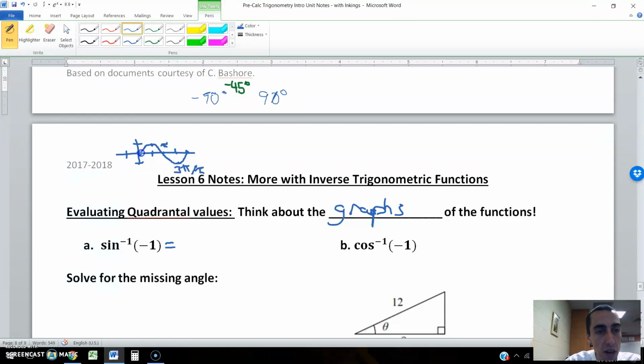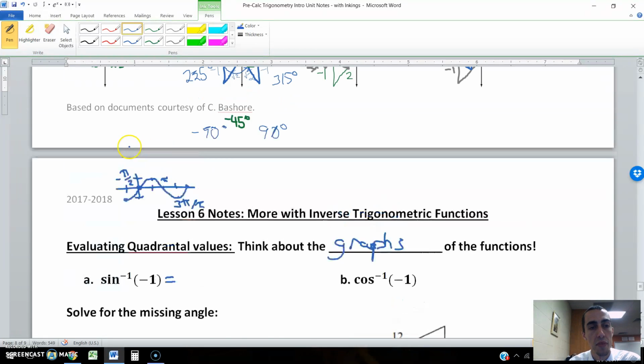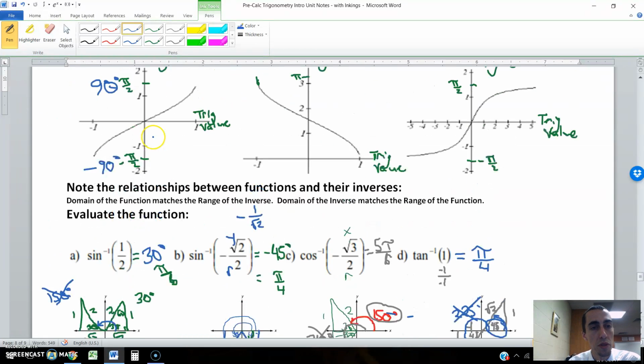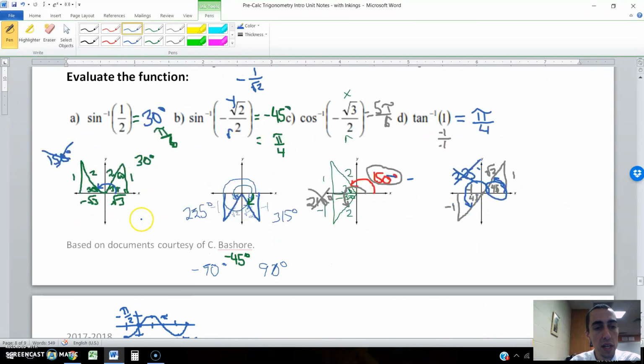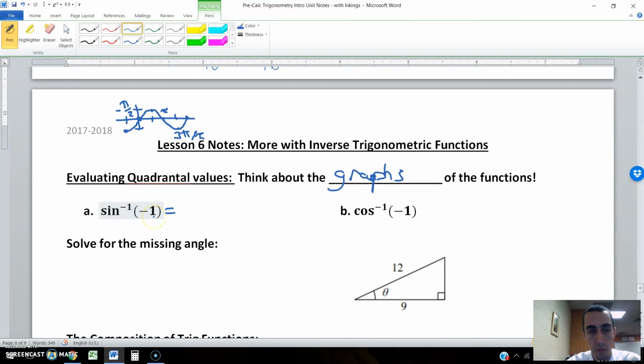If we continue the sine graph to the left, we would hit -1 on our y value at -pi over 2, or -90 degrees. And that falls within our range of angle outputs for inverse sine, from 90 to -90. So we can see that -pi over 2 is an acceptable output.